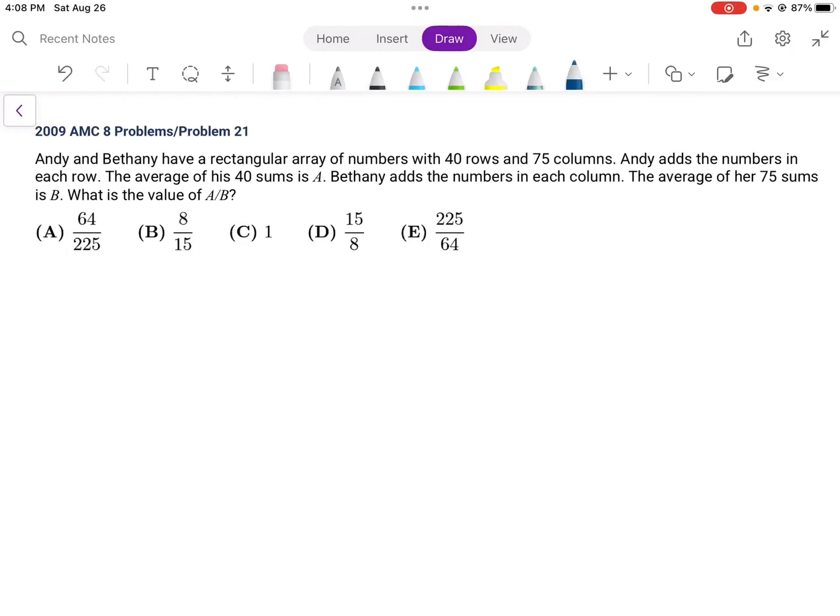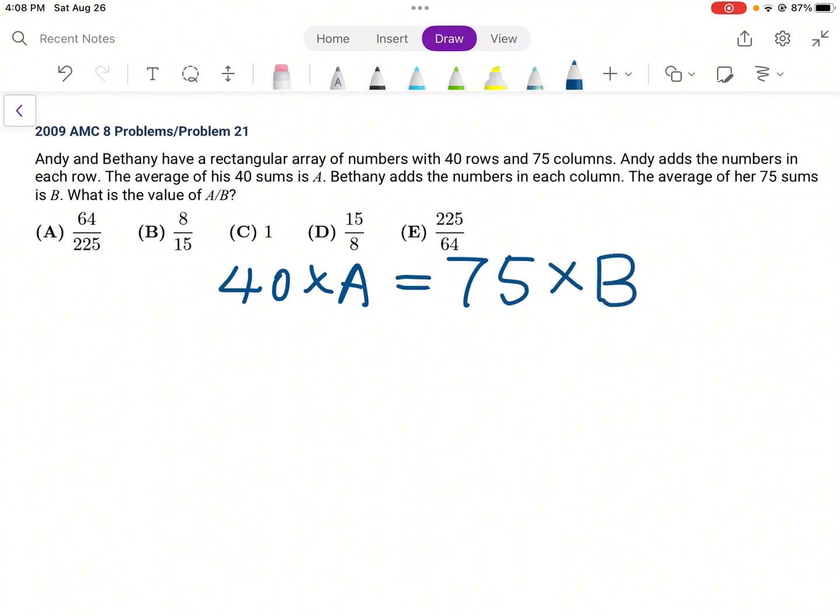Problem 21. Because the rectangular array has 40 rows and 75 columns, and the average of the 40 rows is A, the total sum of the numbers in the array will be 40 multiplied by A. It also equals 75 multiplied by B, the average of the 75 columns, since B is also the total sum of the numbers in the array.